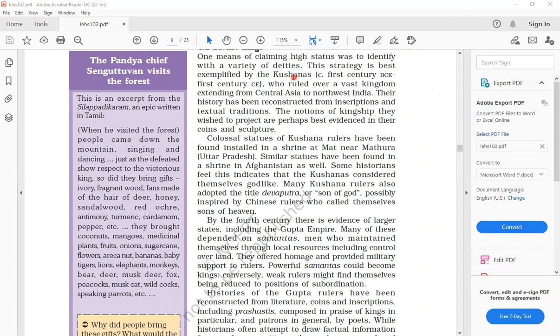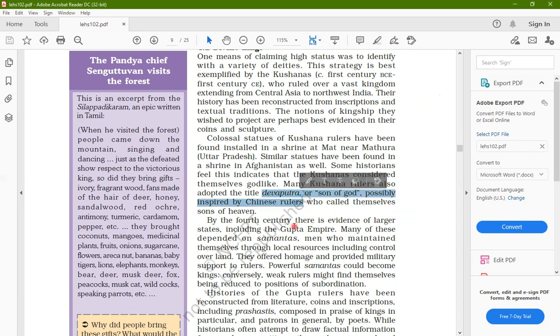Okay, then many Kushan rulers also adopted the title of Devaputra. This line is very important: who were the kings who adopted the title of Devaputra and from where they got inspired. So from the Chinese rulers who called themselves sons of heaven.